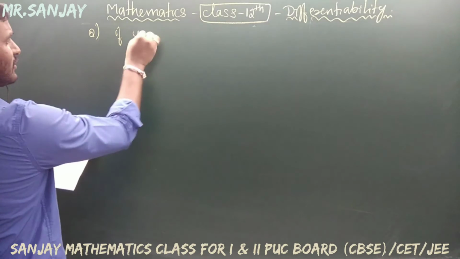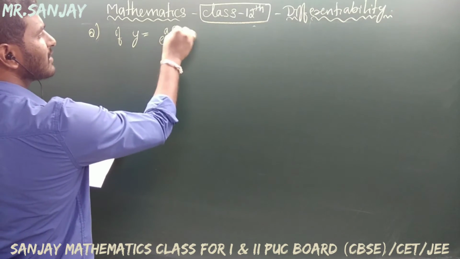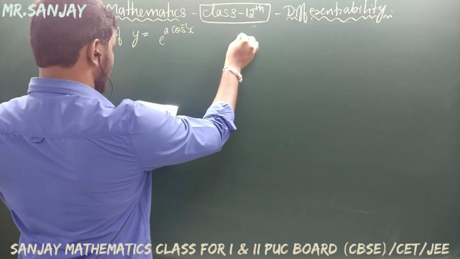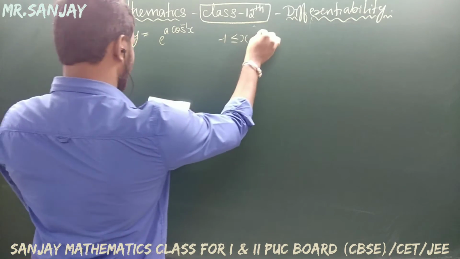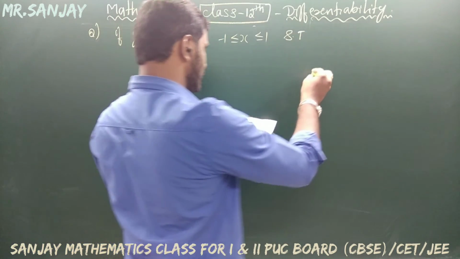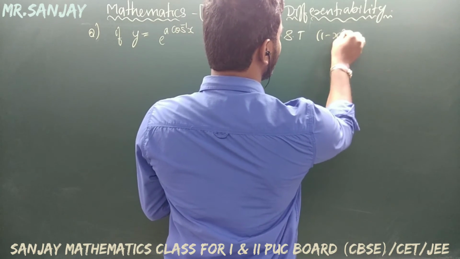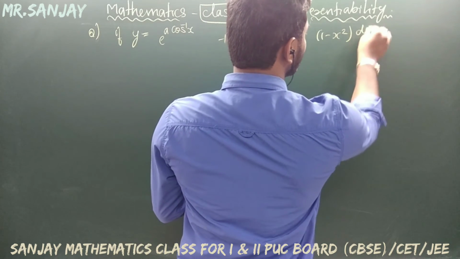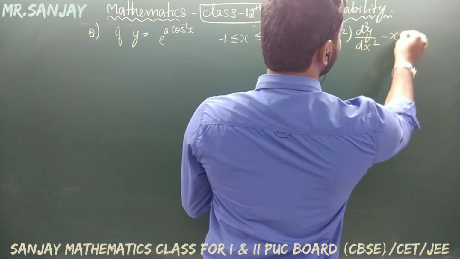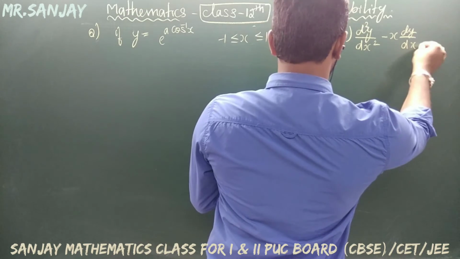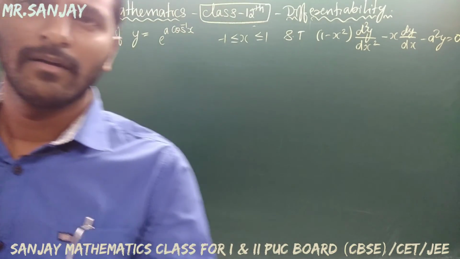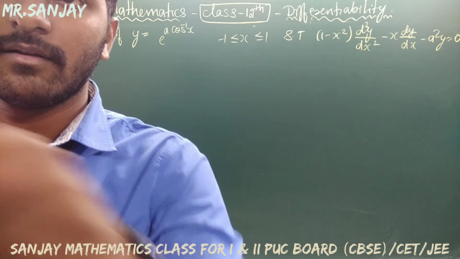If y is equal to e to the power of a cos inverse x and x is greater than -1 and less than 1, show that 1 minus x square into d square y by dx square minus x into dy by dx minus a square y is equal to 0.